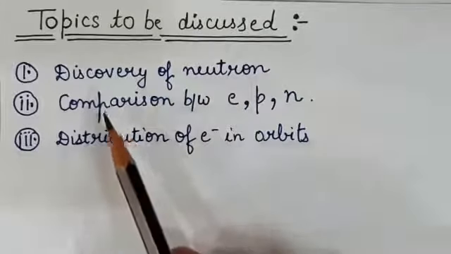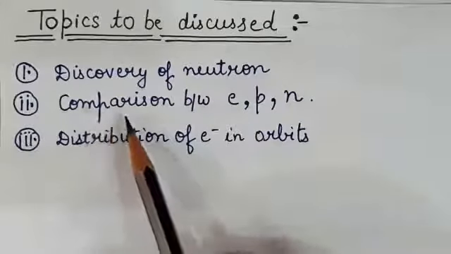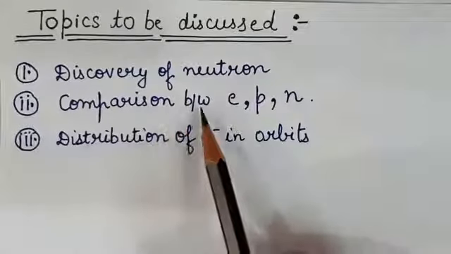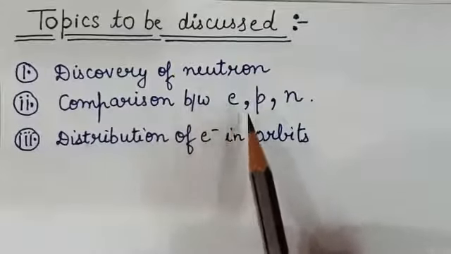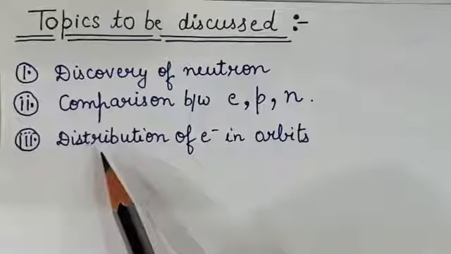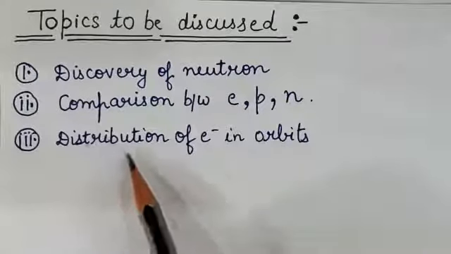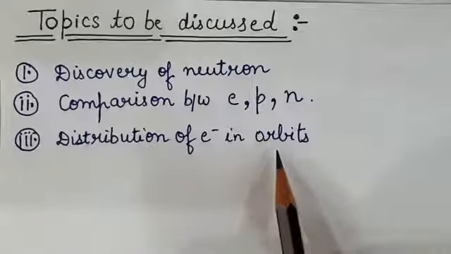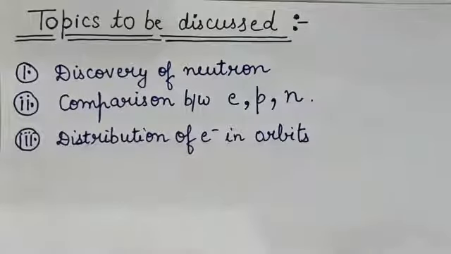After that, we shall discuss the comparison between electron, proton and neutron. And lastly, I shall take how the electrons are distributed in the orbits or the shells. So let's start with today's lecture.